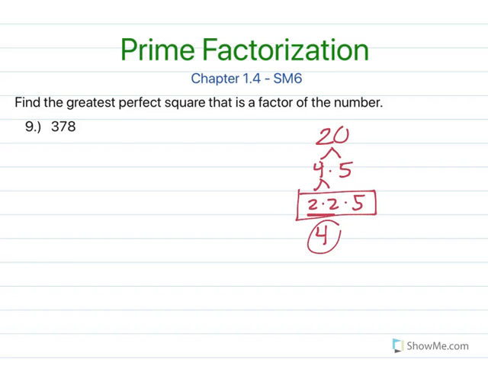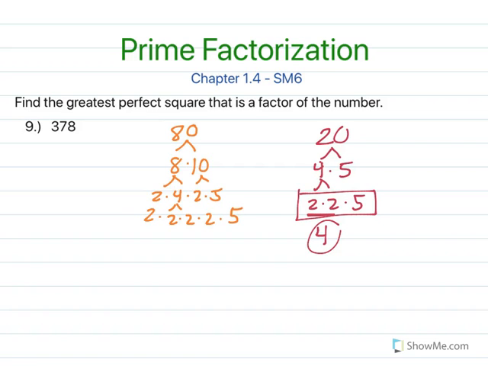I'm going to give you another one just so you can see another example. What if I have 80? So with 80, I can break this down to 8 times 10, and then this is 2 times 4 times 2 times 5, and then I have 2 times 2 times 2 times 2 times 5.